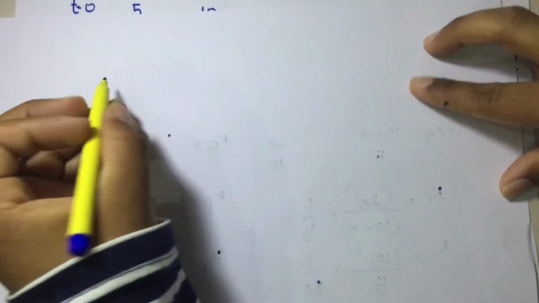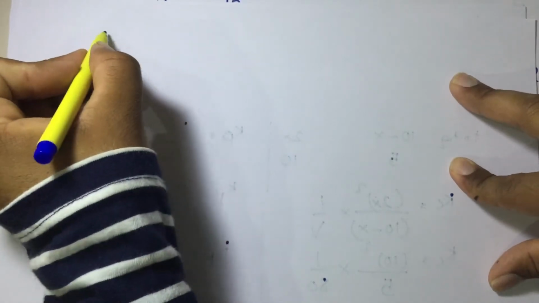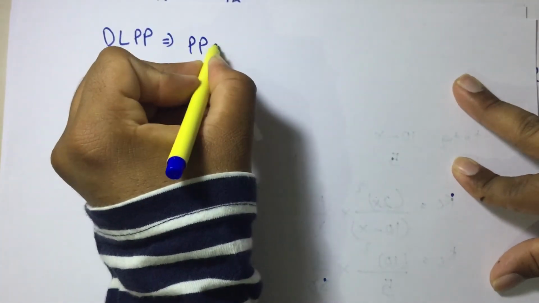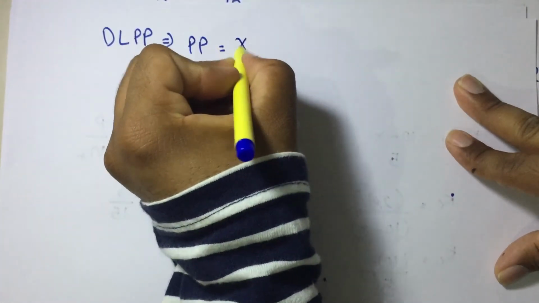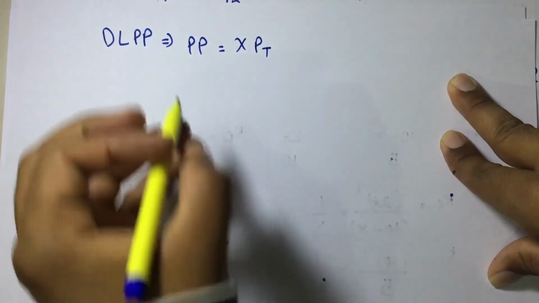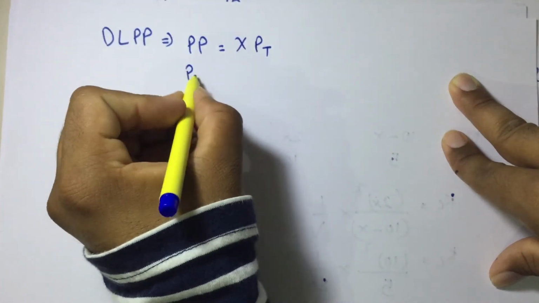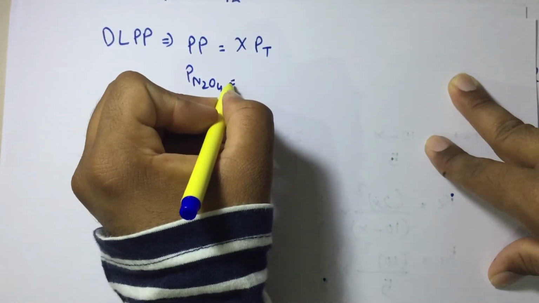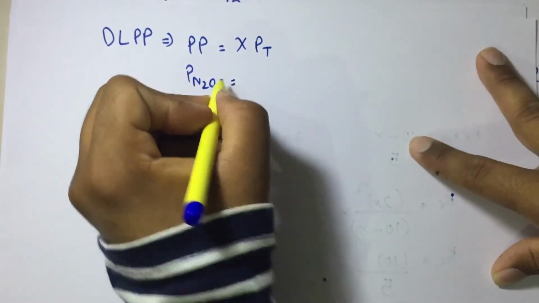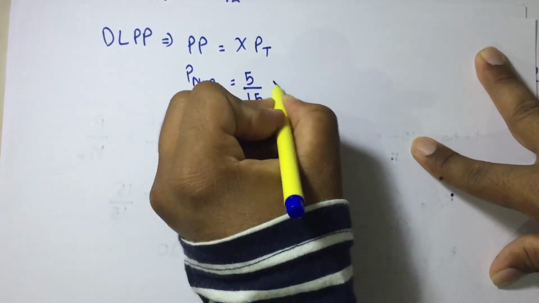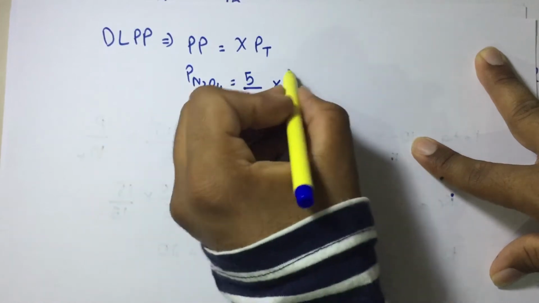From Dalton's law of partial pressure, we know that partial pressure is equal to mole fraction into P total. So we use this formula here. Partial pressure of N2O4 will be number of moles of N2O4, which is 5, divided by total number of moles, which is 15, into total pressure 15.